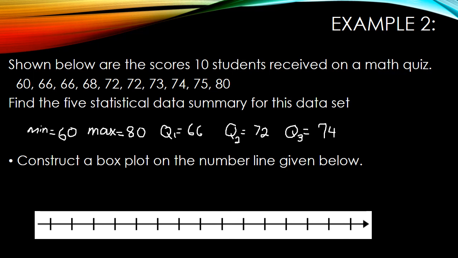So I'm going to put my numbers on the number line at the bottom here, but I want to put these numbers in a way that can help me construct an accurate box plot.